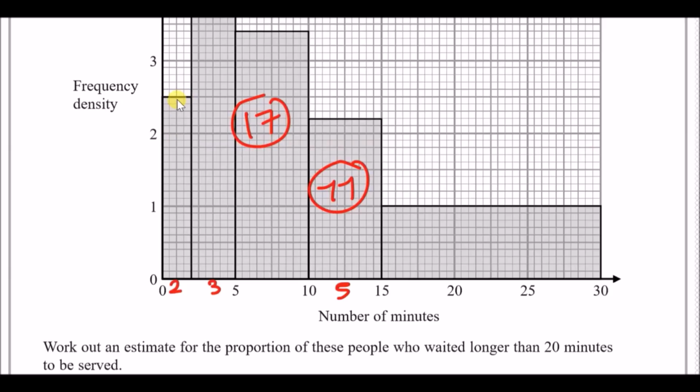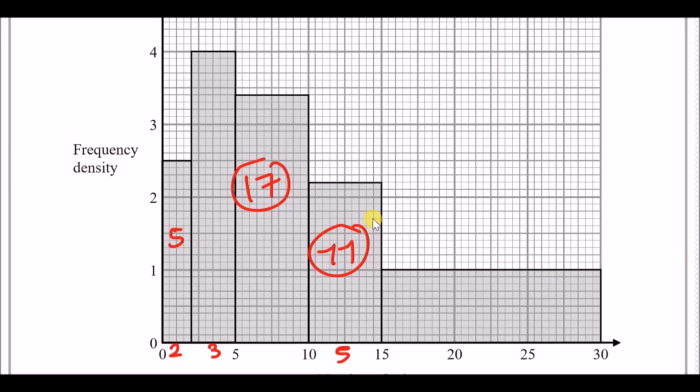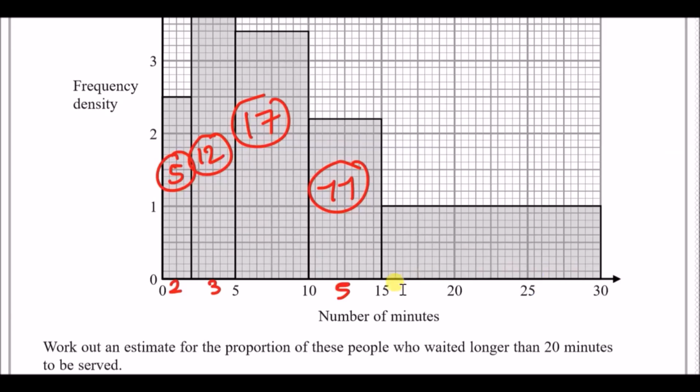So this is 2 times 2.5, which is 5. This one here is 3 times 4, thankfully a whole number, which is 12. That's how many people we have here. And then on this long block, which is easy, the class width is 15, and 15 times 1 is 15.